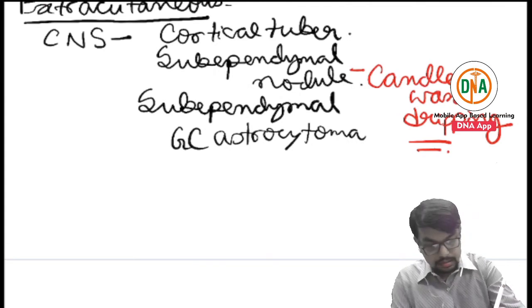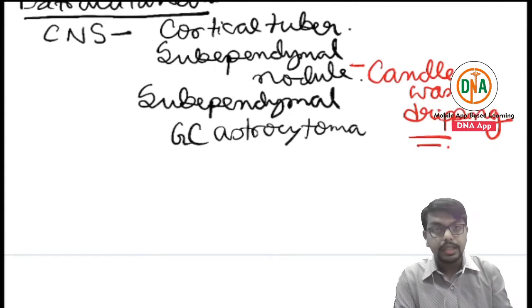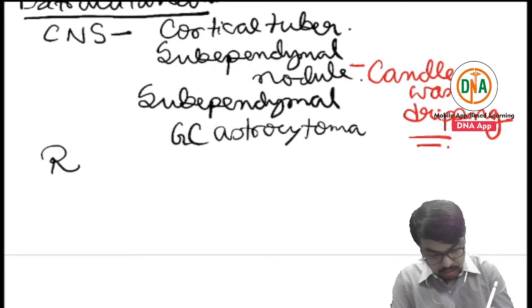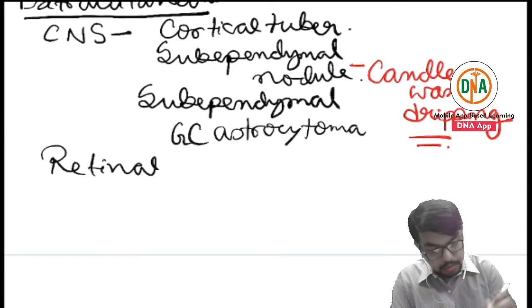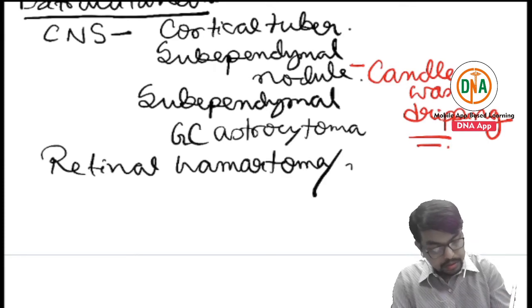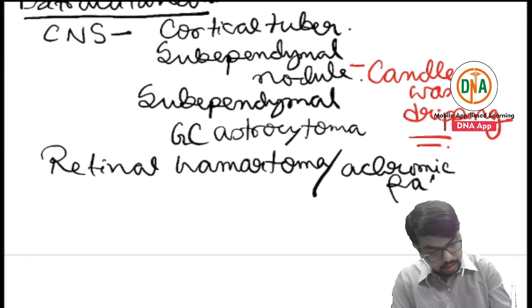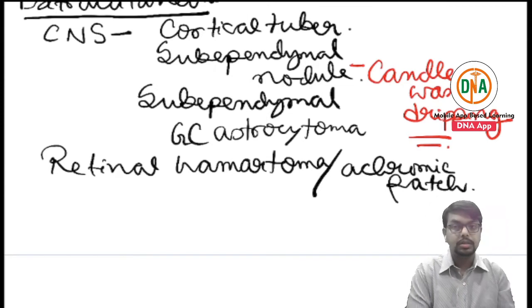Okay, next, after CNS, we will next see eye changes. There is retinal hamartoma and retinal achromic patch.